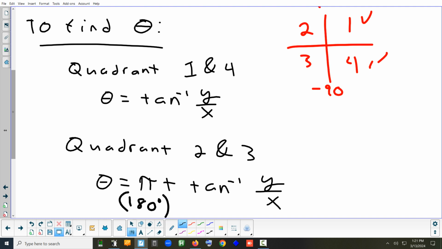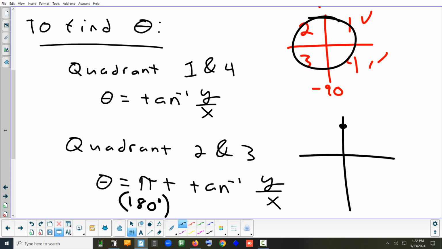Where else could your angle be besides quadrants 1, 2, 3, or 4? Well, it's going to be on a circle somewhere, and the circle has to have a radius to it. But where could I be besides in a quadrant and still be on that circle? On an axis.